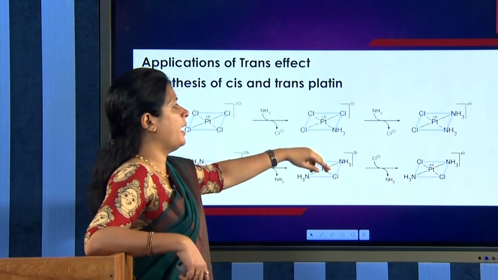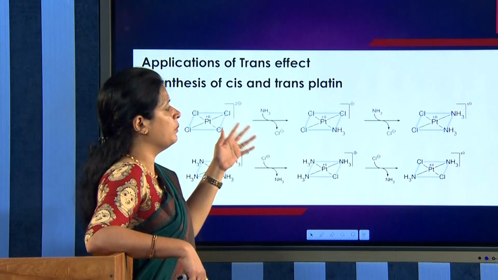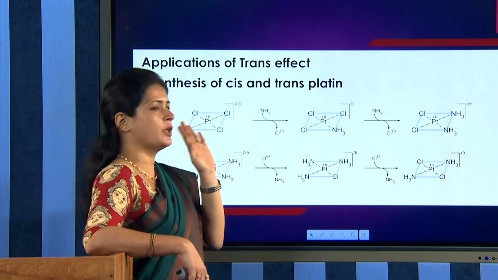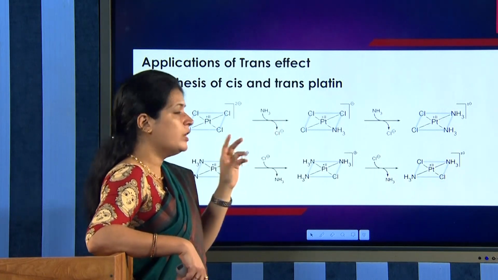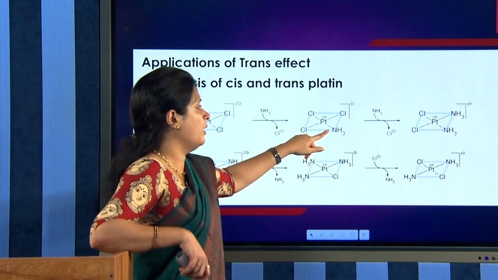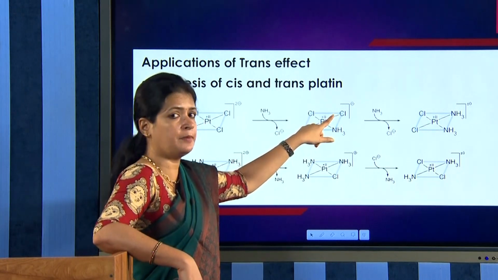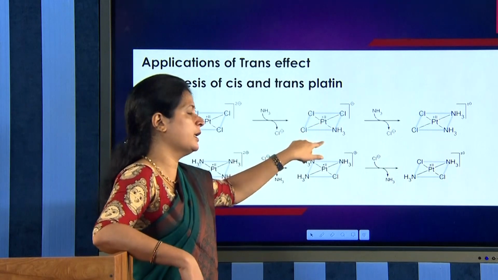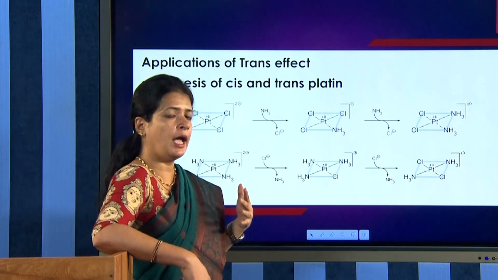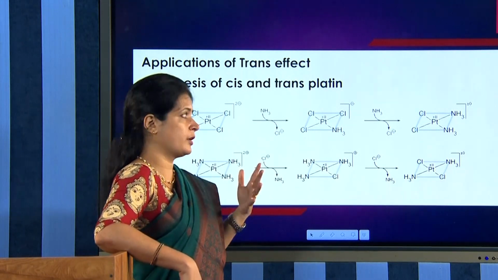And now if I am adding ammonia ligand again, what happens? Now here comes the trans effect, the importance of trans effect. I have to consider which ligand has the greater trans directing property. We have to consider what types of ligands are involved. It is Cl minus and NH3. While we are comparing ammonia and Cl minus ligand, which ligand has more trans directing property?